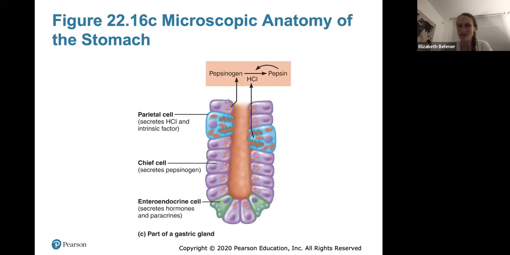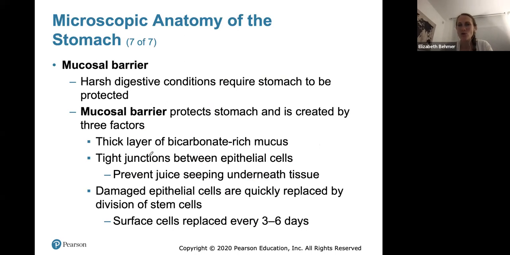So here is a look at the gastric pits and the different cells and what they secrete. So this might be just a good thing to remember. So remember, parietal cells will be what secrete HCl and the intrinsic factor. And then chief cells secrete pepsinogen, which will be activated to pepsin. We have a mucosal barrier, because you have very harsh conditions in your stomach, and they need to be protected.